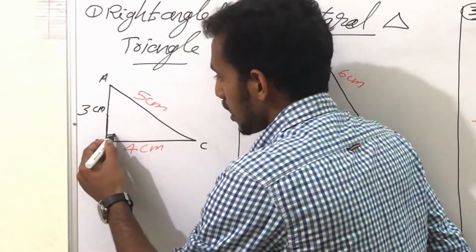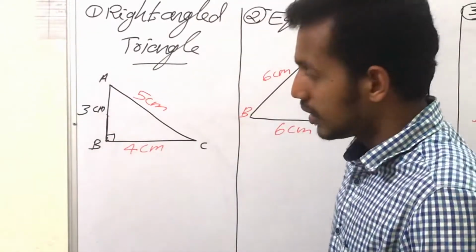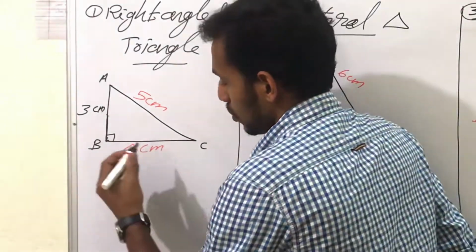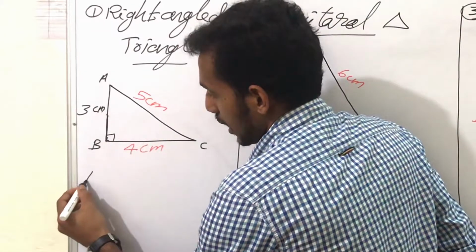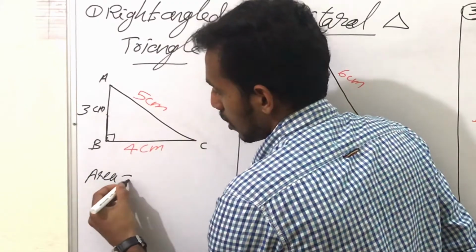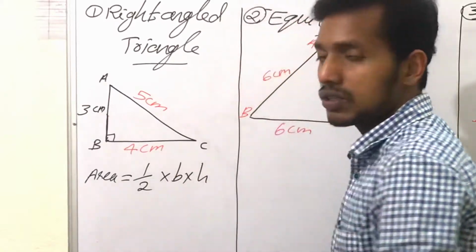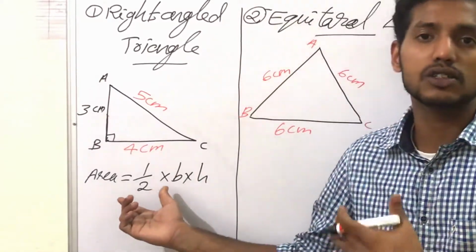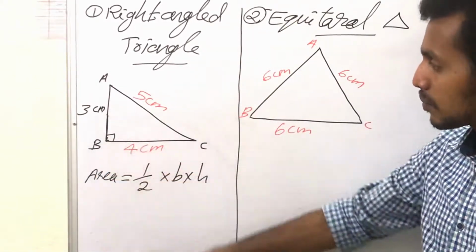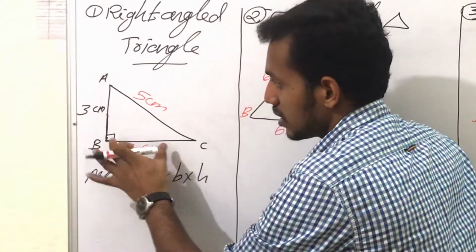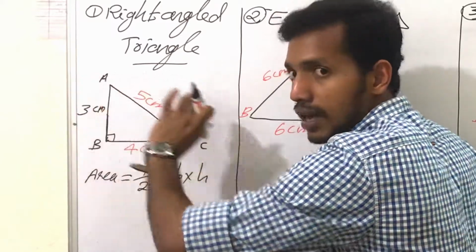Here ABC is a right angle triangle. So what is the formula? Area is equal to half into base into height. This is the formula which we already learned in the smaller classes. Now, what is your base? Base is BC and altitude or height is AB.